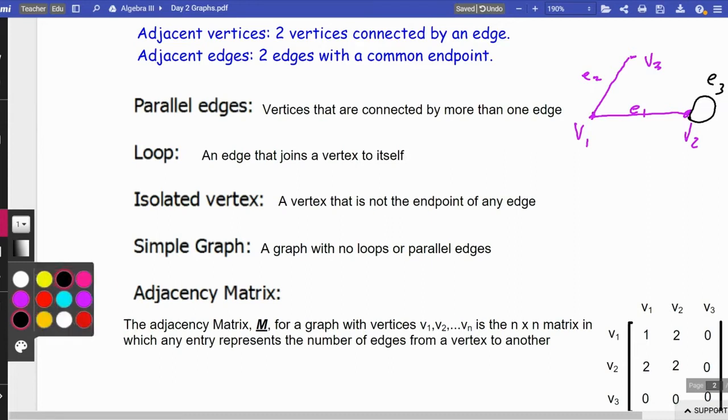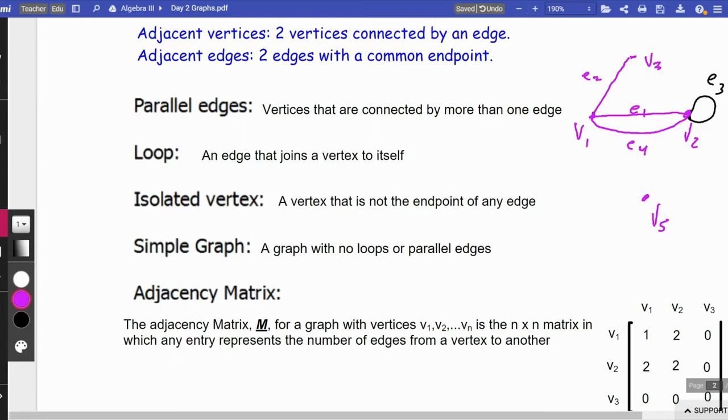Parallel edges, sorry, would be: you could have another one that goes like this, another edge 4, and then edge 1 and edge 4 are called parallel edges. It's a little bit different than what we're used to knowing about the word parallel, but they just share the same vertices, two edges. An isolated vertex would be like, maybe I had vertex 5 over here, and nothing's touching it. It's isolated.